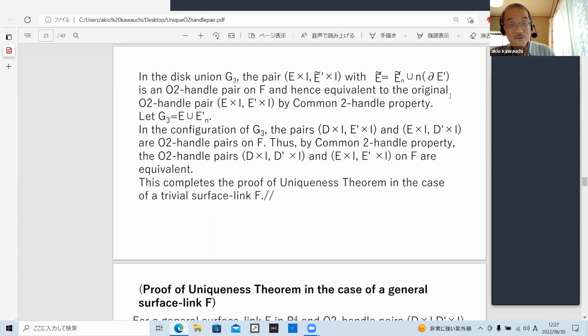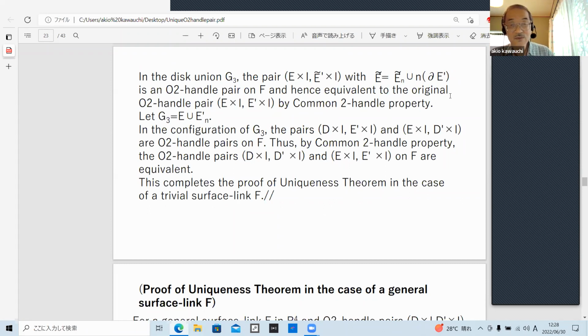So the situation is just that D cross I, D dash cross I is level 0, and the other two handles are just in the upper half space. So this means the pair D cross I, E dash cross I, and the other one is also a handle pair.